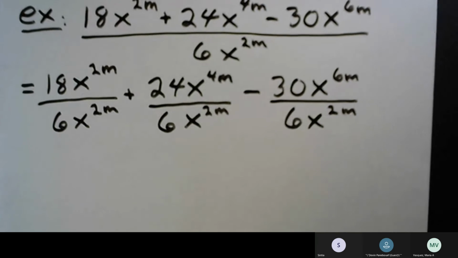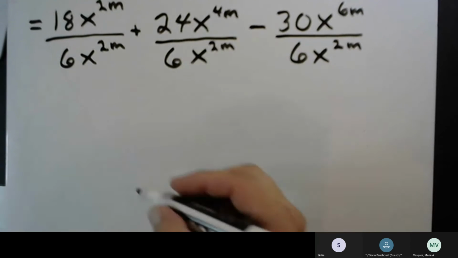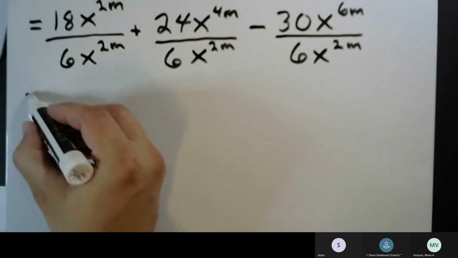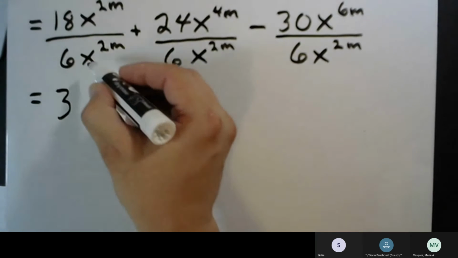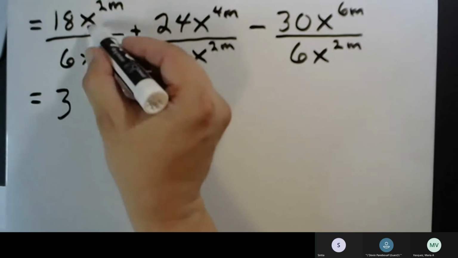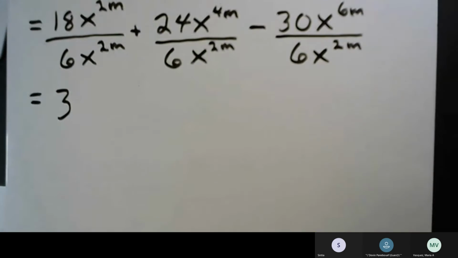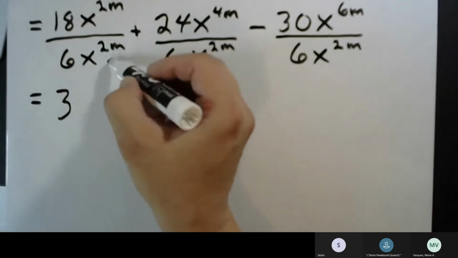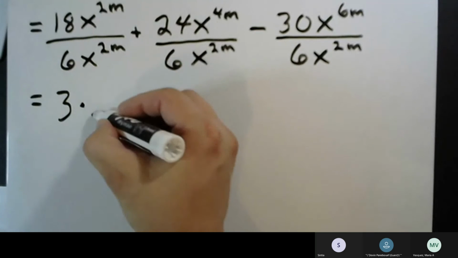So what we're going to do, same thing as before. 18 divided by 6 is 3. X to the 2m, well, this is the same as this, despite how complicated it looks. This is the exact same object as this object. So they're going to cancel.